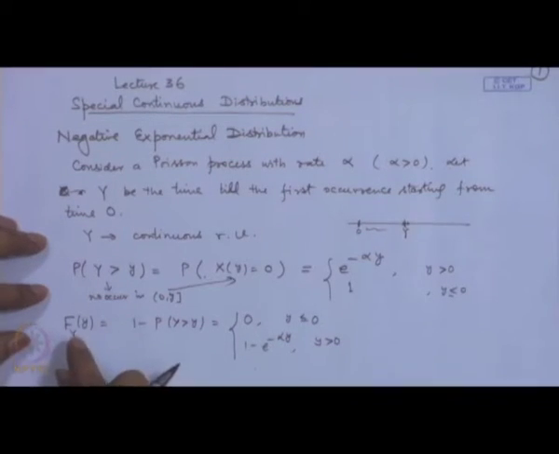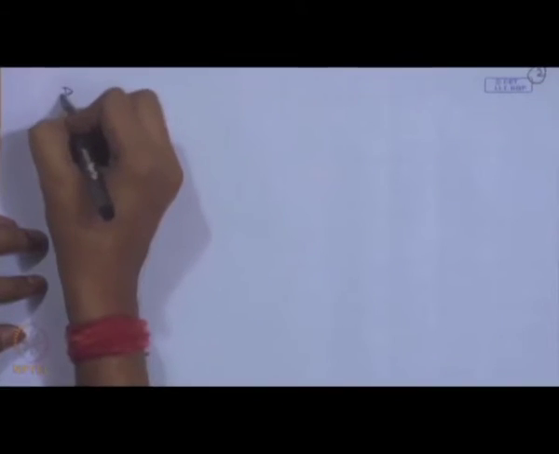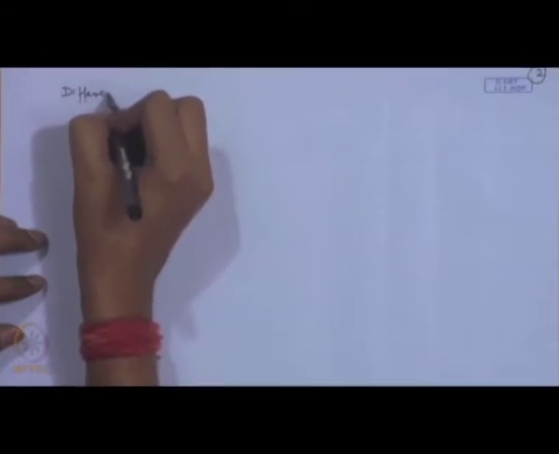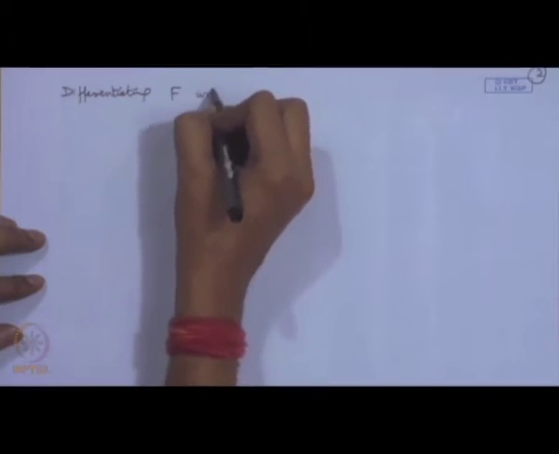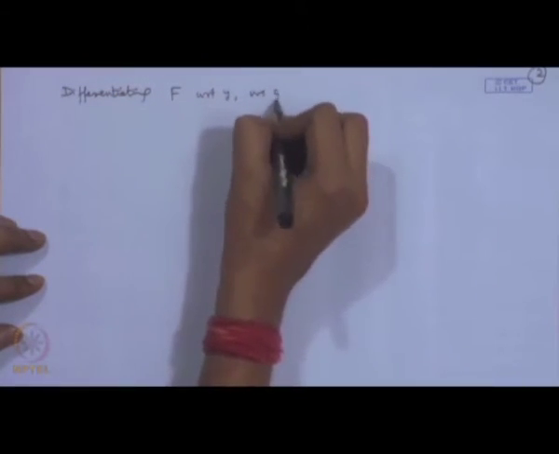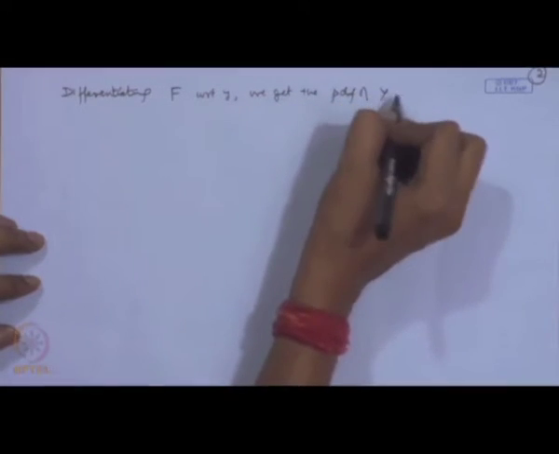Now, in the case of a continuous random variable, if we differentiate the cumulative distribution function, we will get the probability density function. So, differentiating capital F with respect to y, we get the probability density function of y.